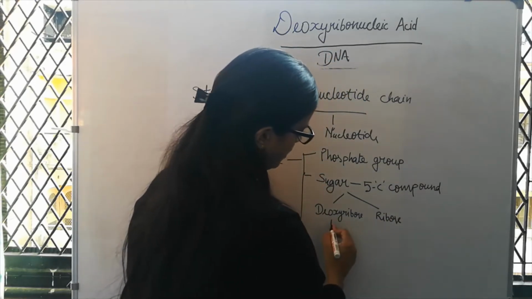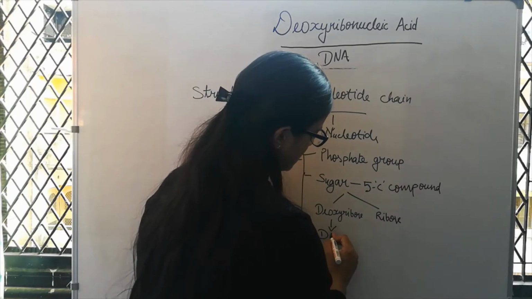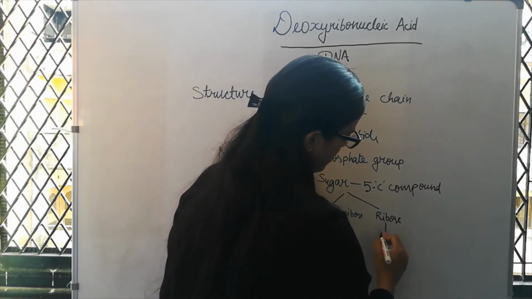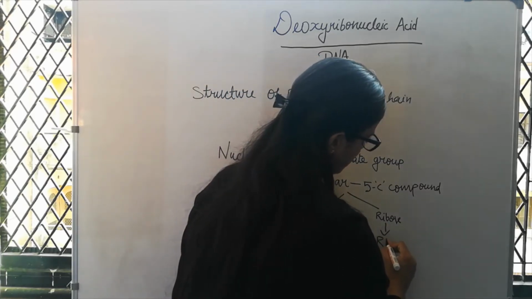In DNA, deoxyribose sugar is present, and in RNA, ribose type of sugar is present.